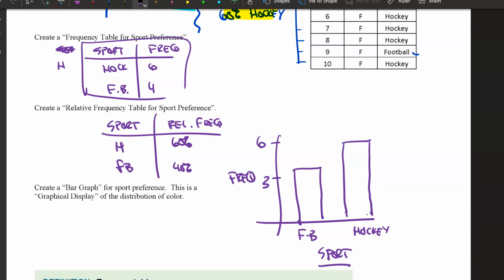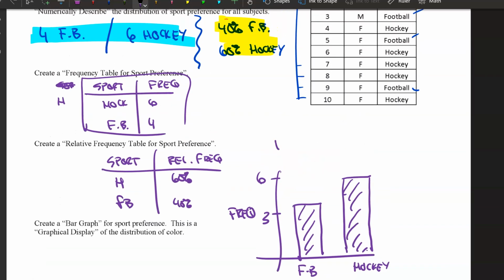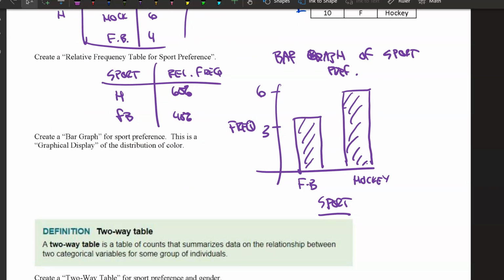This does not violate the area principle. Nice, simple graph showing that more people like hockey. Title, bar graph of sport preference.